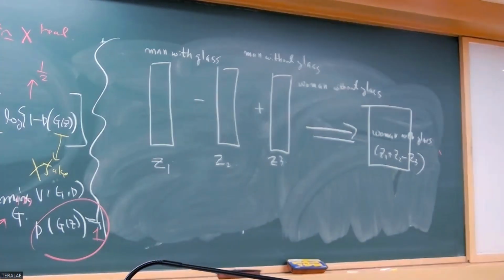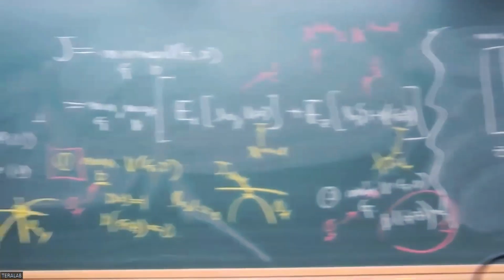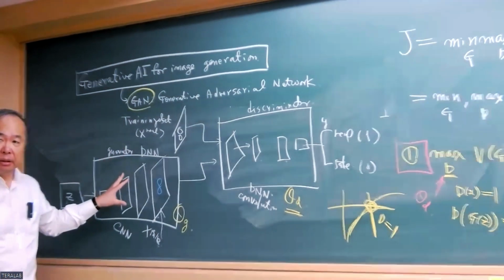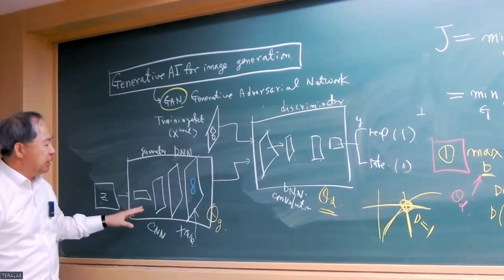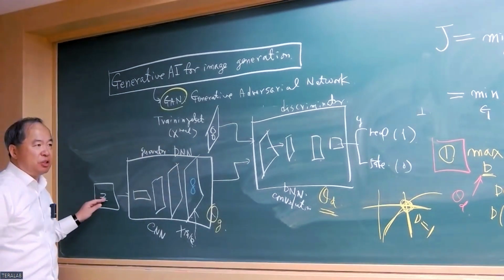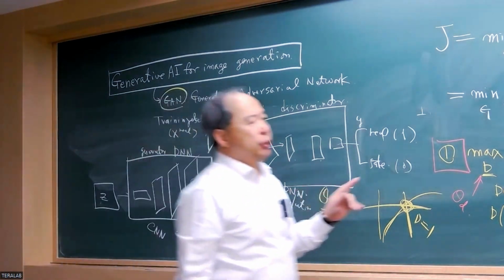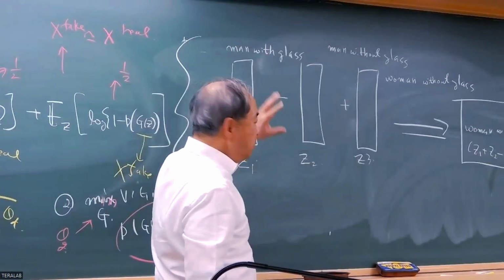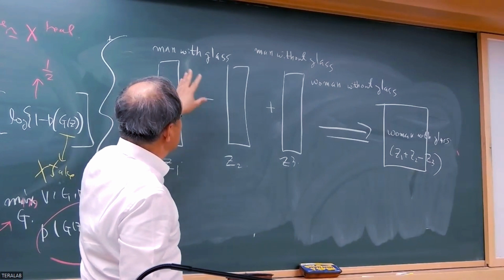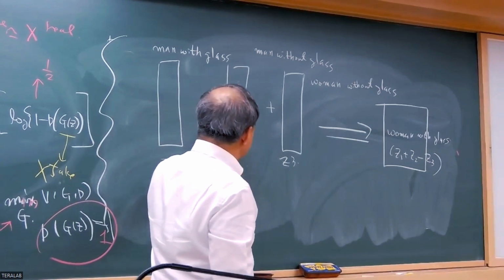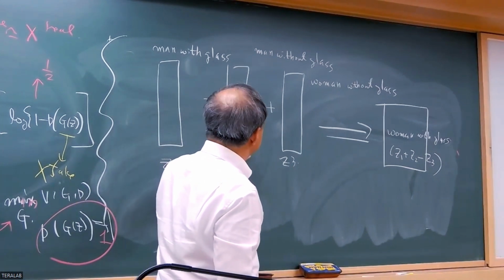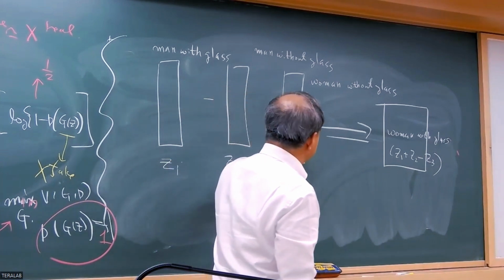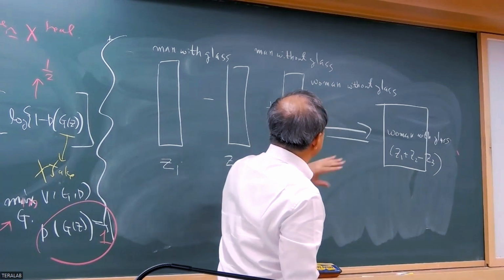So let's assume that after the training, we have a very good discriminator and a good generator. Then we are going to use the generator and latent vector G. Let's assume we have latent vector G1, an image of a man with glasses, and then we subtract the latent vector that generated a man without glasses, and then we add latent vector G3, a woman without glasses.